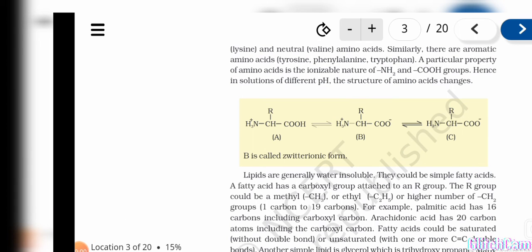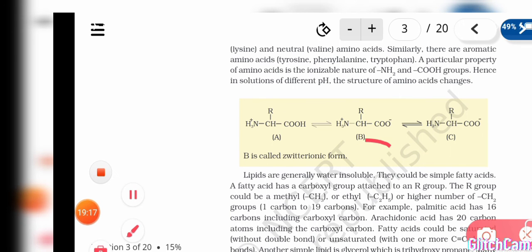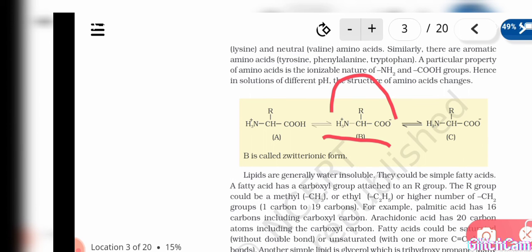Due to this, the structure of amino acids changes in solutions of different pH. In this diagram you can see this is known as the zwitterion. What will happen? The H plus ion from COOH will go to the amino group, and the amino group will have a positive charge, and the carboxylic group will have a negative charge.